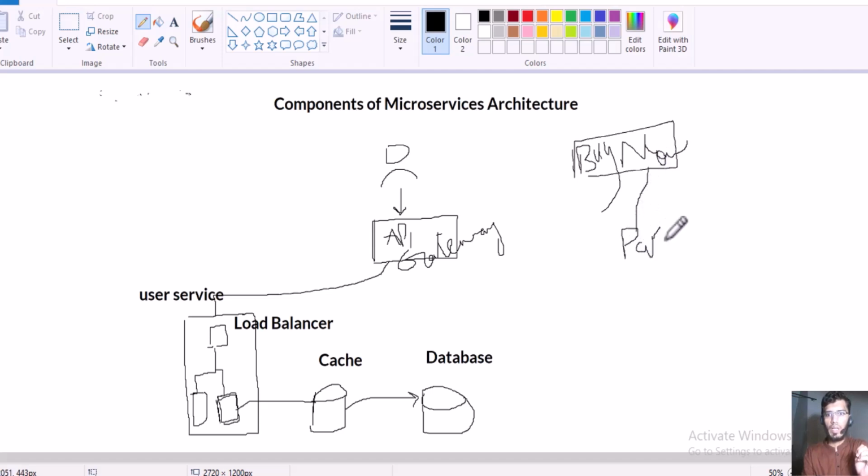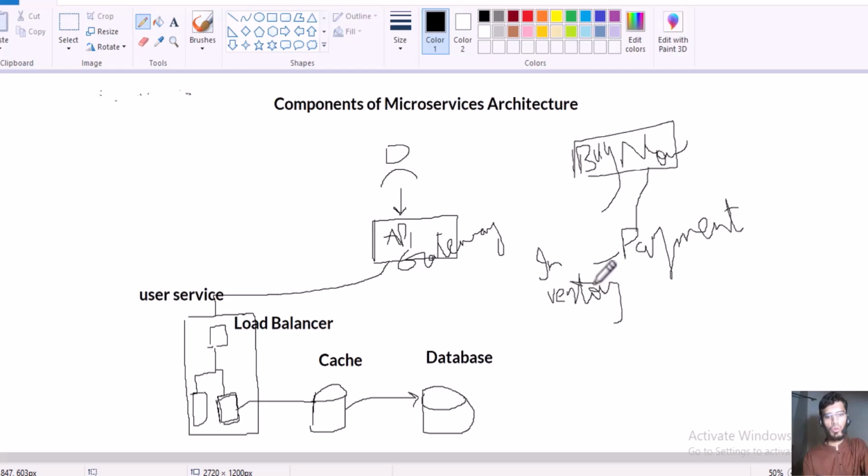And after successful payment, we need to communicate to a service known as inventory service. Why? Because we need to update the product. So this is the use case, and services need to communicate.